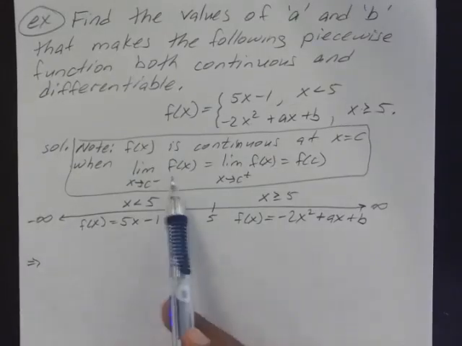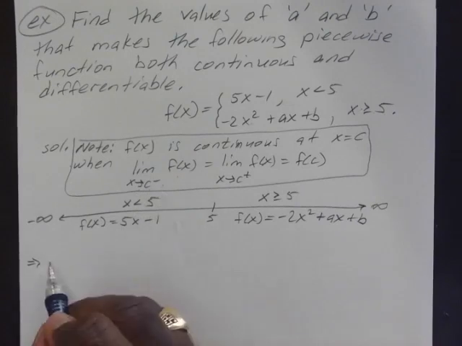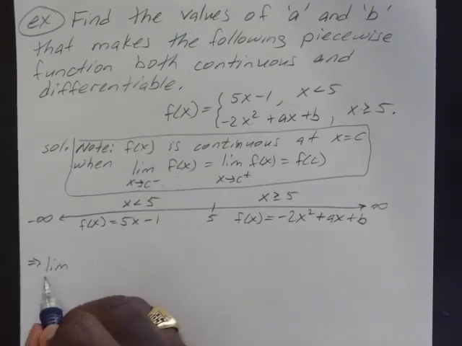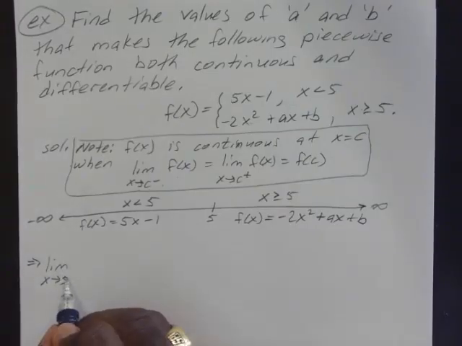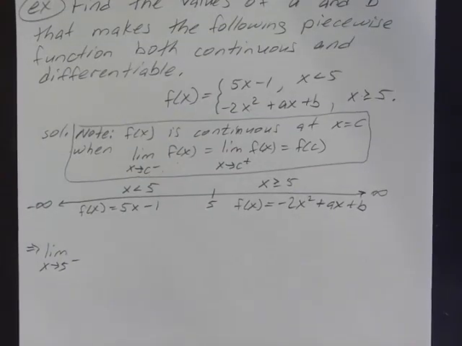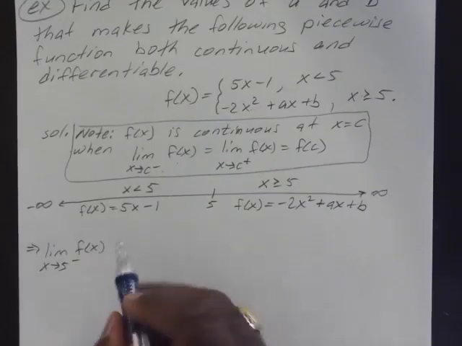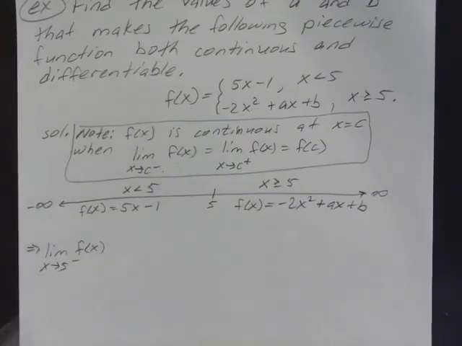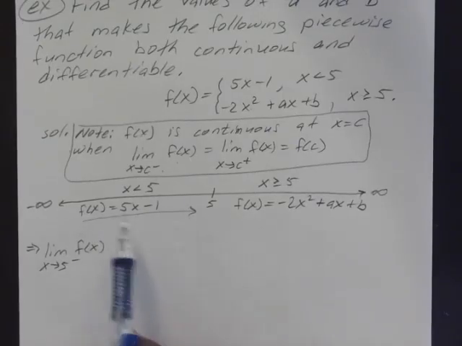Okay, so now we have to find the limit of f of x as x approaches c from the left. Or in this case, the limit as x approaches 2 from the left. Not 2, 5 from the left. Thinking of the last problem. Limit of our f of x. Well, in this case, as you approach 5 from the left, our f of x is 5x minus 1.